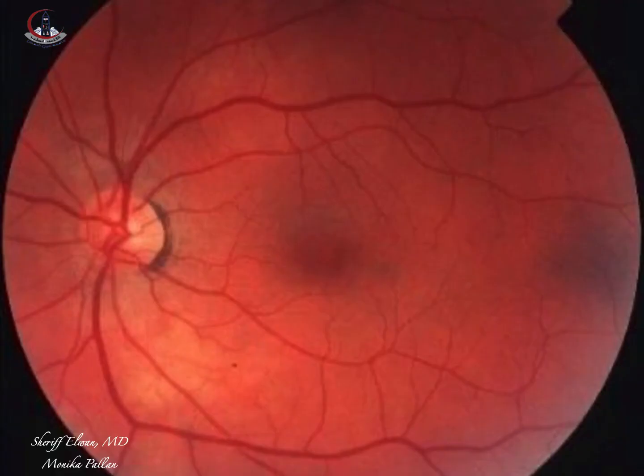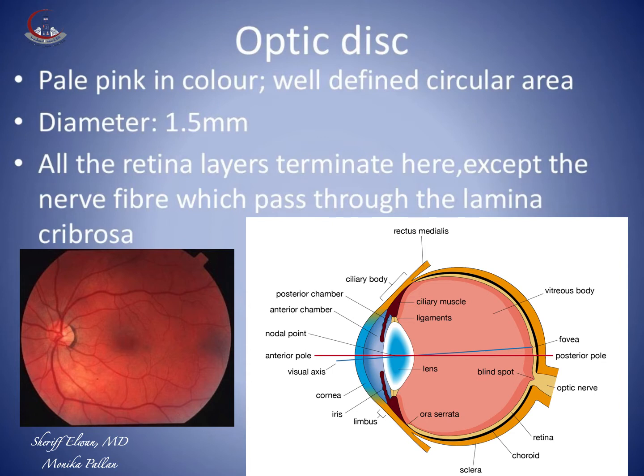Here you can see the optic disc where the blood vessels are branching from it, whether these be the retinal arterioles or the retinal venules, and the central area here is the macula. The optic disc is a pale pink structure that is well defined and rather oval to circular in diameter.